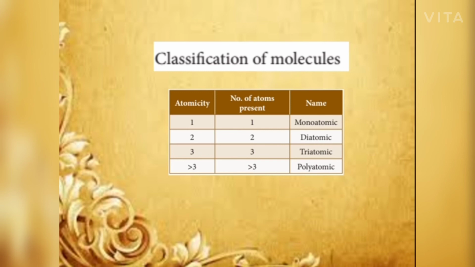That comes under the category diatomic. If atomicity is 3, that means number of atoms present in the molecule is 3. That is called triatomic molecule. If atomicity is greater than 3, that means number of atoms present is greater than 3. That is called polyatomic molecule.